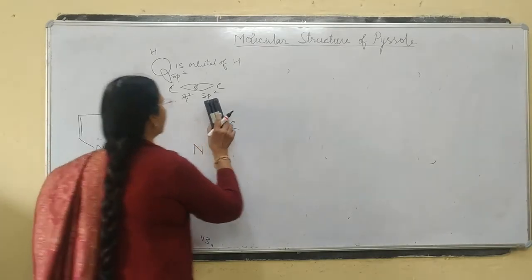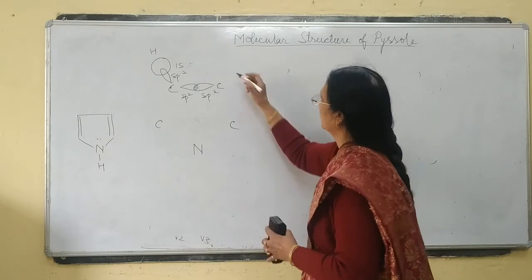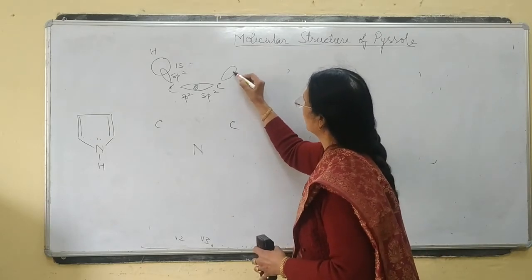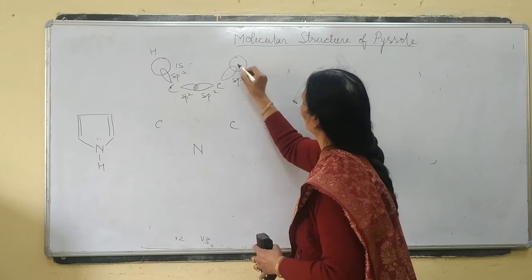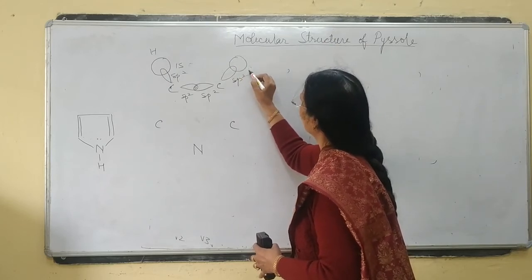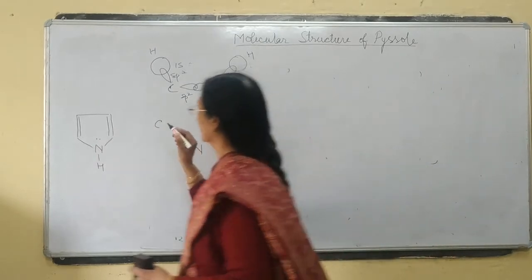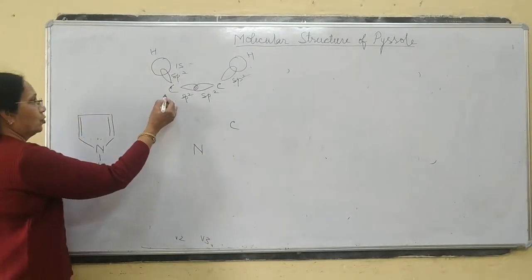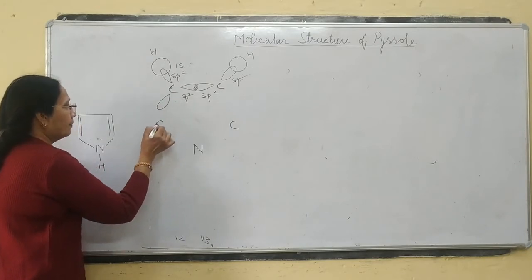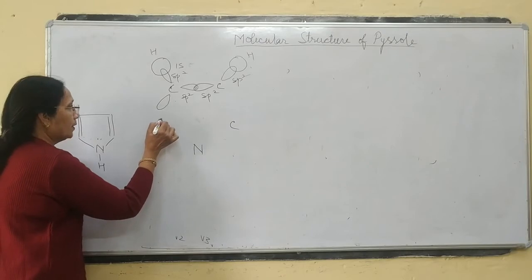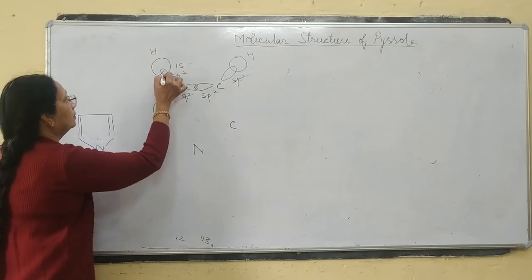Similarly, here also this carbon atom having sp2 hybridized orbital overlaps with the 1s orbital of hydrogen. The third sp2 hybridized orbital of this carbon atom overlaps with the sp2 hybridized orbital of this carbon atom.